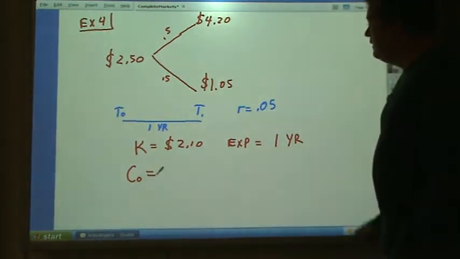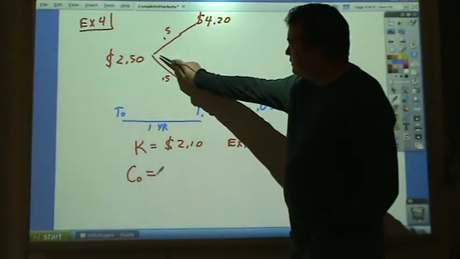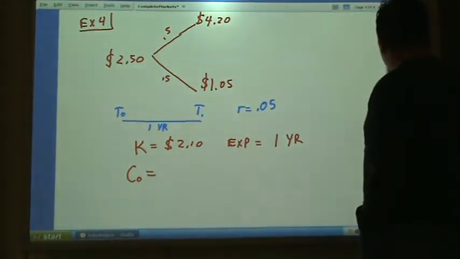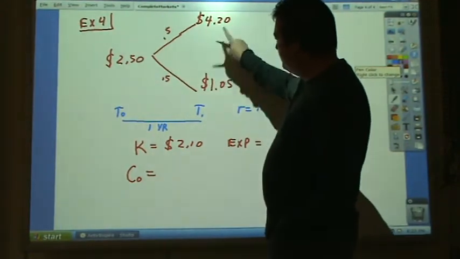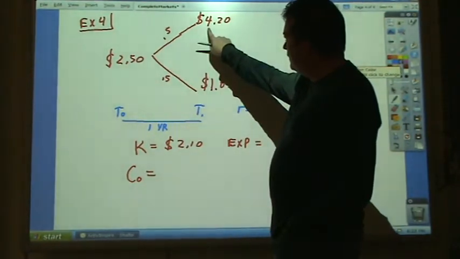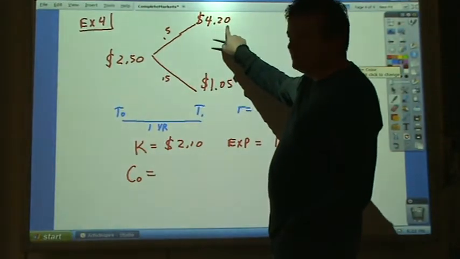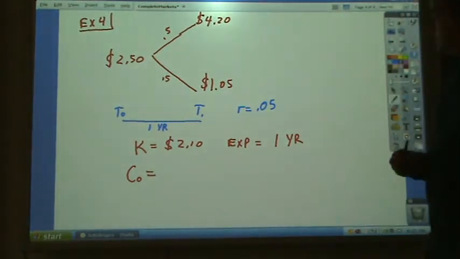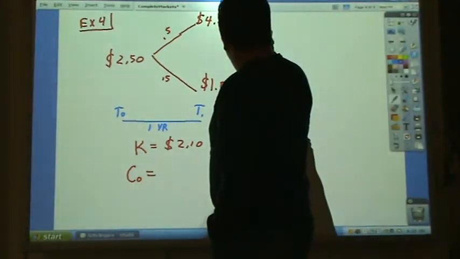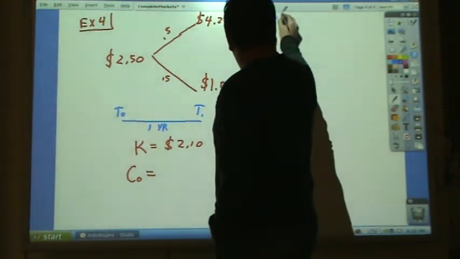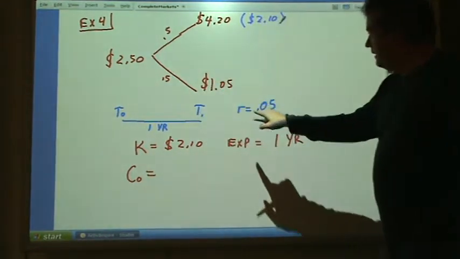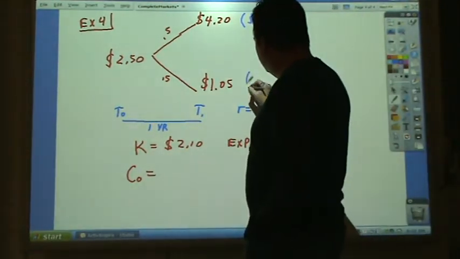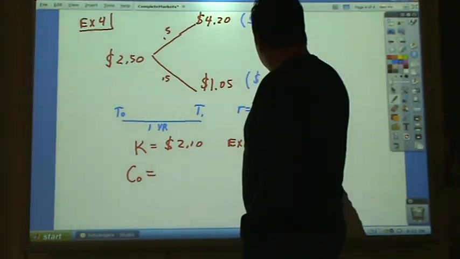1 year from today. So if the market goes into an up market, what would the payout be? If you bought the call option and the underlying stock was worth $4.20, what would the payout to you be? $2.10. And if the stock price went down to 1.05 and the strike price is $2.10, what would your payout be? 0. Okay.